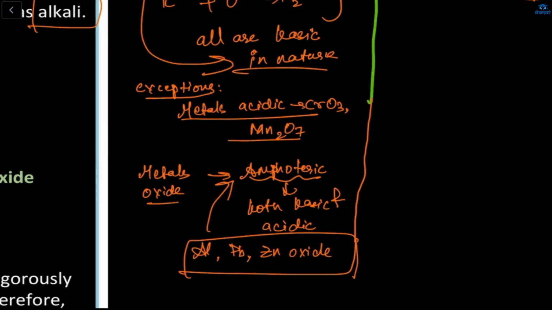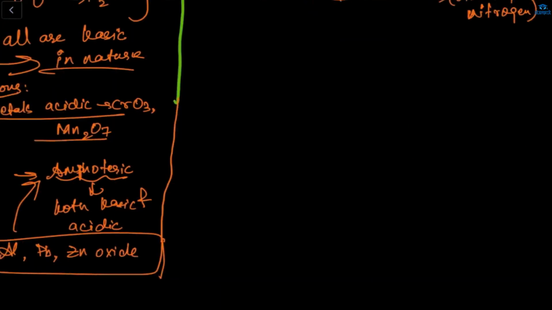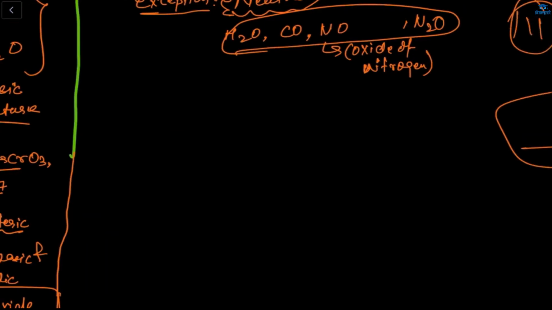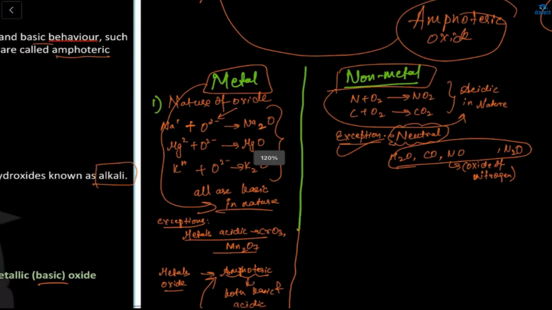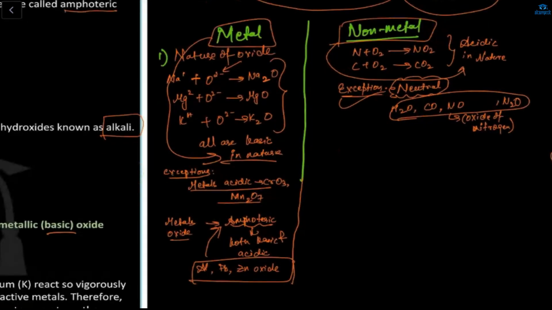And what are the exceptions here in the non-metals? These are the only exceptions. So in metals, the nature is basic. In non-metals, the nature is acidic. But in metals, there are some exceptions which are acidic also, for example these two. Amphoteric means basic as well as acidic, and these three are the examples.